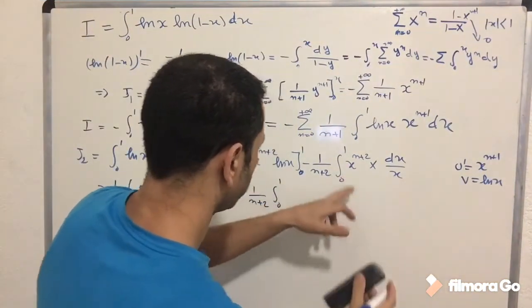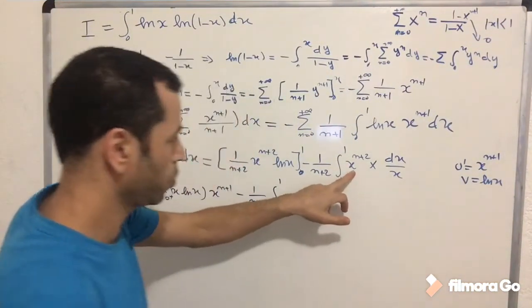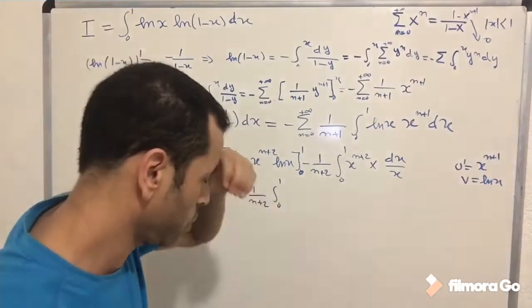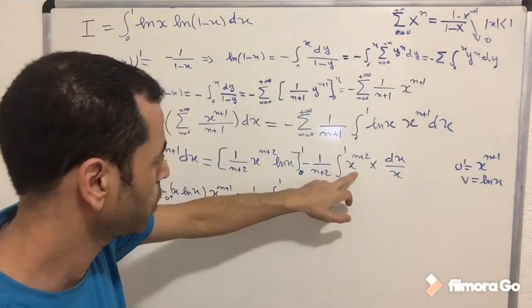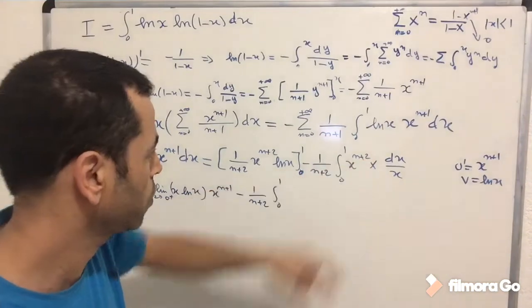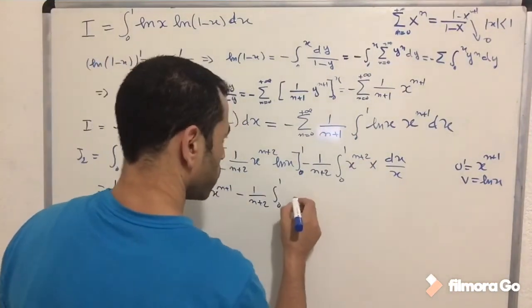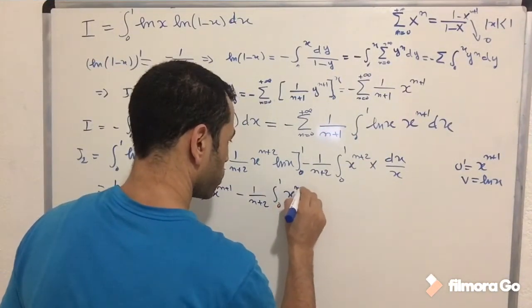If you cancel out x here, it becomes x^(n+1), minus x^(n+1) dx.